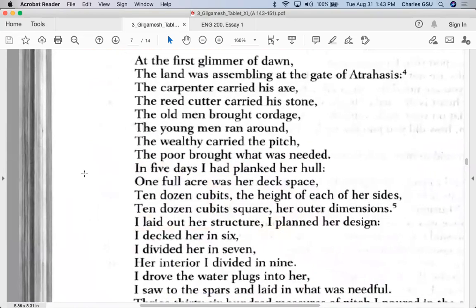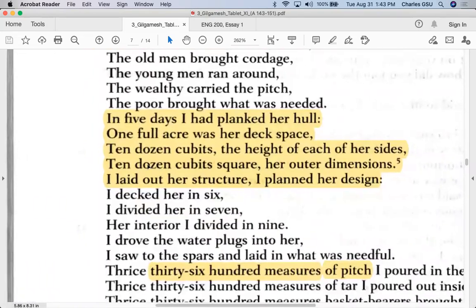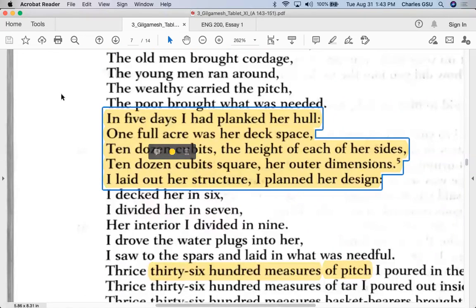So they begin to build the boat, and in 5 days I had planked her hull. 1 full acre was her deck space, 10 dozen cubits. So notice the use of cubits there that we also had in Noah's building of the ark. The height of each her sides, 10 dozen cubits square, her outer dimensions.